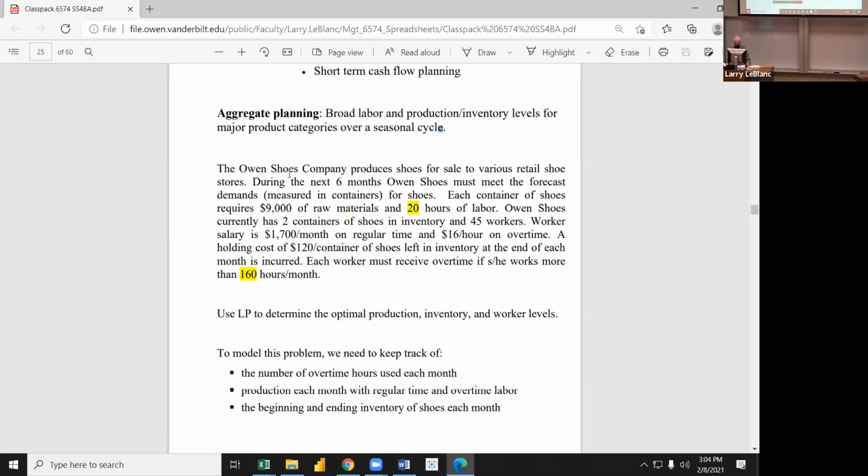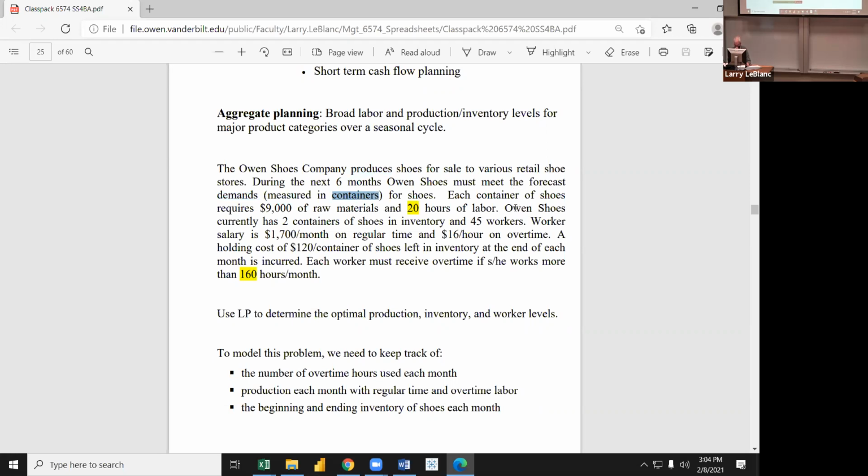The Owen Shoes Company manufactures shoes. Our customers are retail stores. We have a 6-month horizon. The Excel file gives the forecast demands in containers. We don't even distinguish between men's shoes and ladies' shoes. We are aggregate planning. We will break down into a specific mix after we finish the aggregate planning.